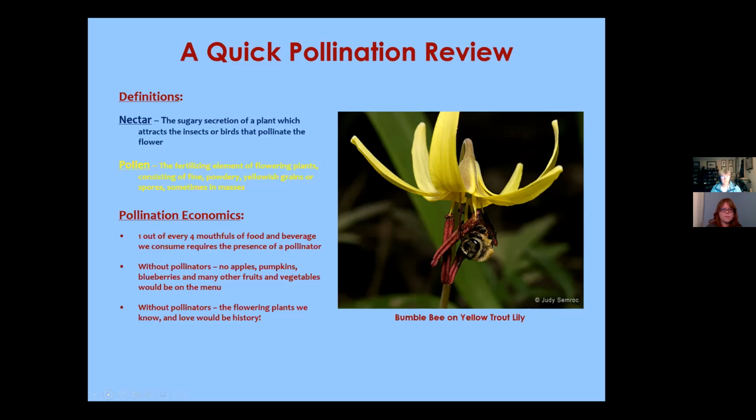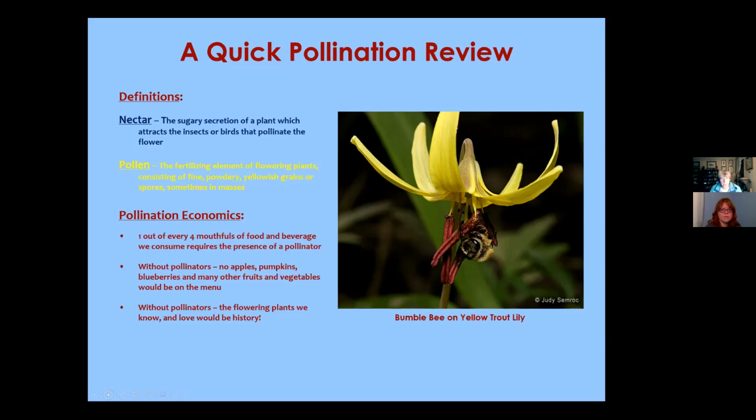But as far as the economics are concerned with pollination, and I'm sure you've seen the statistic in probably every pollinator talk, 1 out of every 4 mouthfuls of food and beverage that we consume requires the presence of a pollinator. Without pollinators, we wouldn't have apples, pumpkins, blueberries, and many other fruits and vegetables that normally would be on our menu.